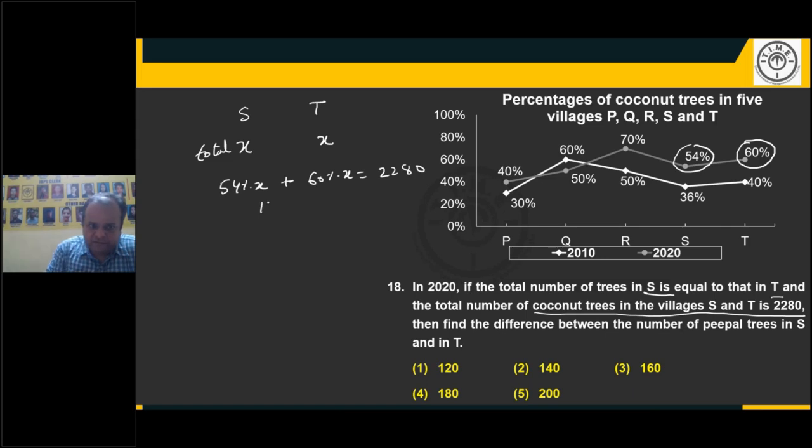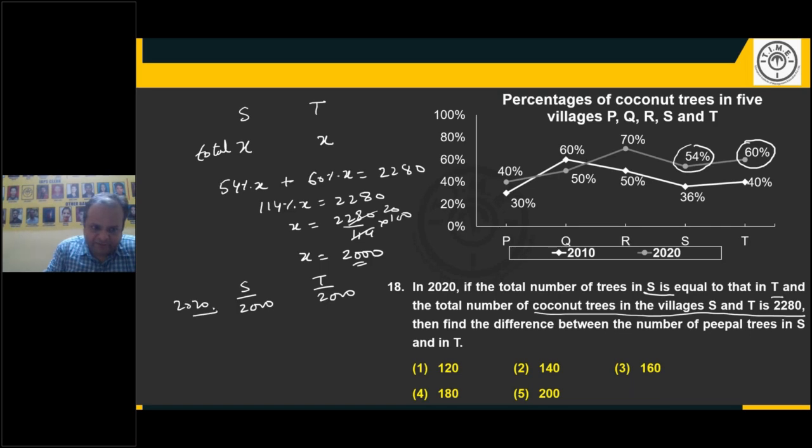If we solve this, we get 114% of X is equal to 2280. And if we solve this, we get 2280 divided by 114 into 100. This cancels out 20 times. The X value comes out to be 2000, which means our total trees at S was also 2000. At T also it was 2000 in 2020. Correct?